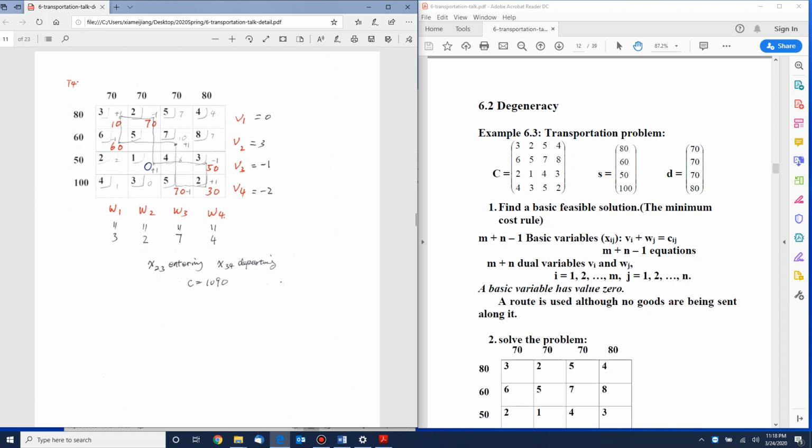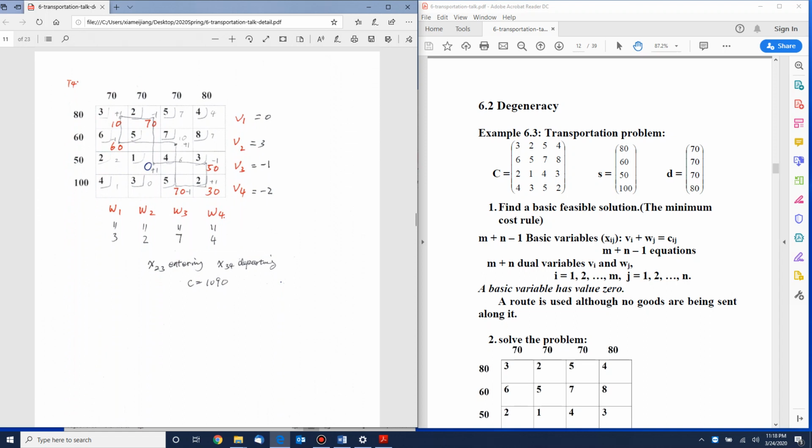So in this way, when we set up x32 to be the basic variable with 0 value, we found that the basic variables appear in rows or columns at most twice. That means dual variables at most appear twice, right?